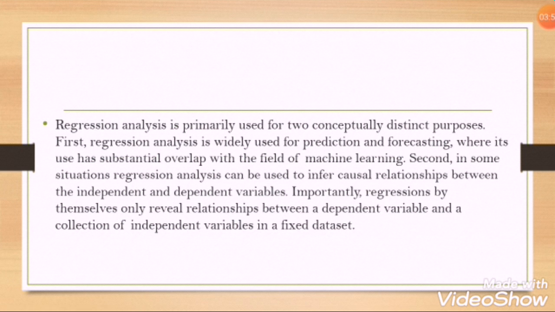Importantly, regression by itself only reveals the relationship between a dependent variable and a collection of independent variables in a fixed data set. A data set is a set of information composed of separate elements but can be manipulated as a unit.